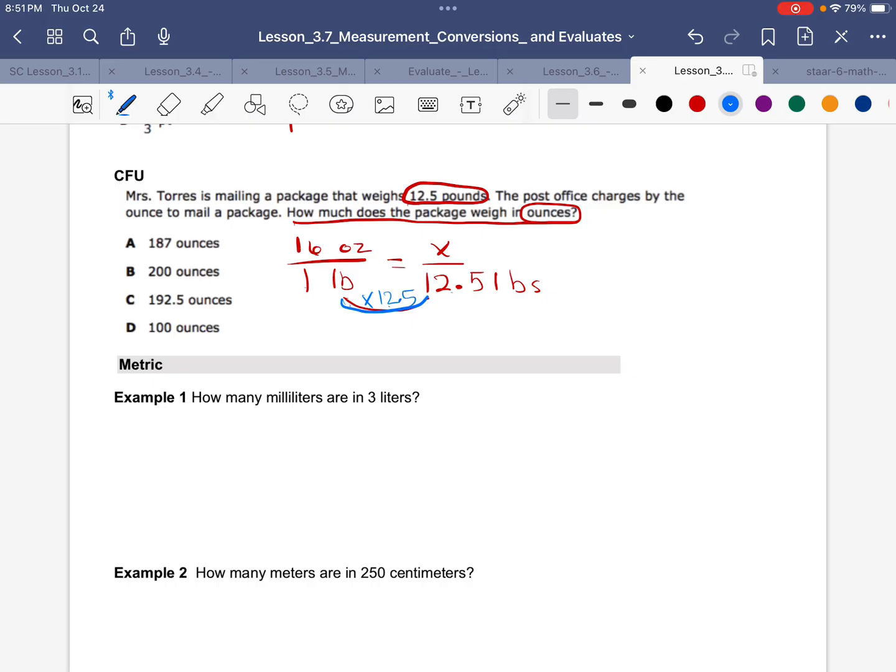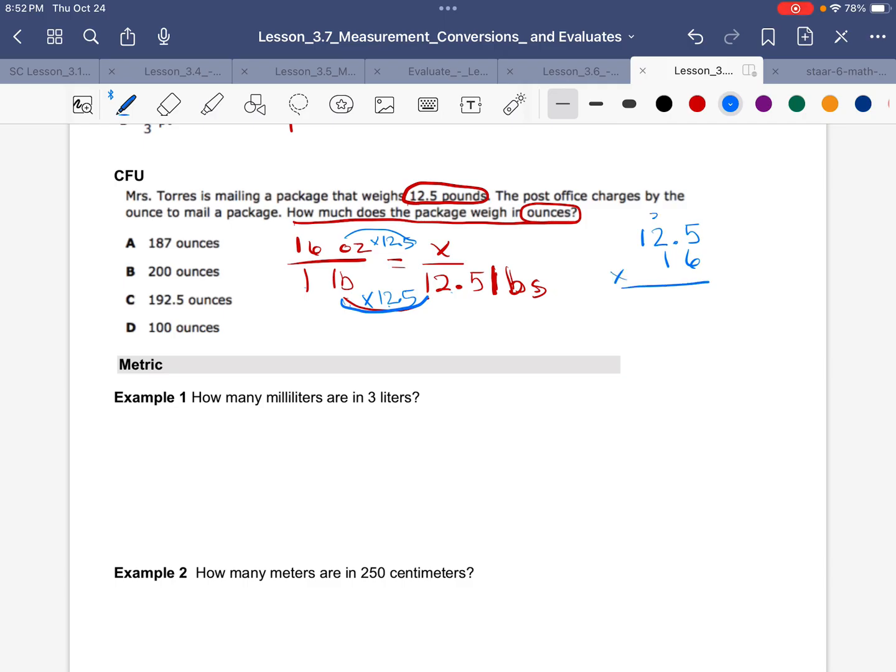Remember that this is my pounds abbreviation. That's not a 1. So now you just do the same thing at the top. Times 12.5. So 12.5 times 16.